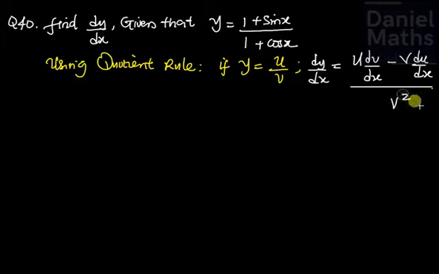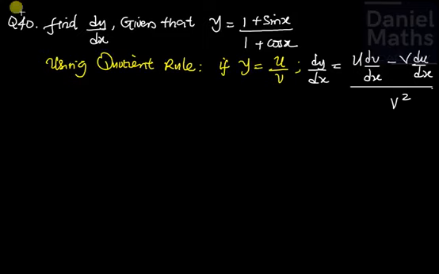So this is basically what the quotient rule says. You write the numerator, differentiate the denominator, and then you write the denominator and differentiate the numerator, all over the denominator squared.